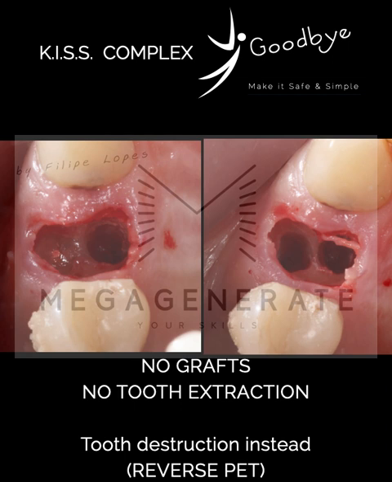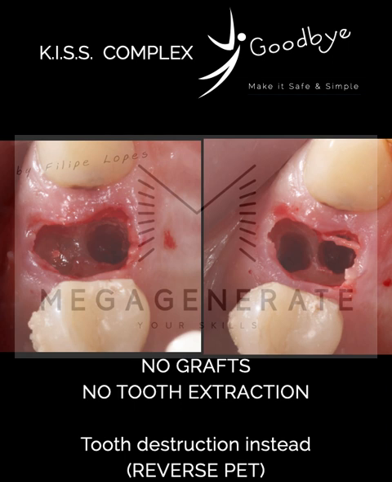So when we face a tooth extraction, I think that nowadays, and I would love to hear your opinion on that, we can do it without really extracting the tooth. That's the way we should try to do it. Not that it is always possible. Sometimes it won't be possible, but most of the time, you will be able to just destroy your tooth selectively.